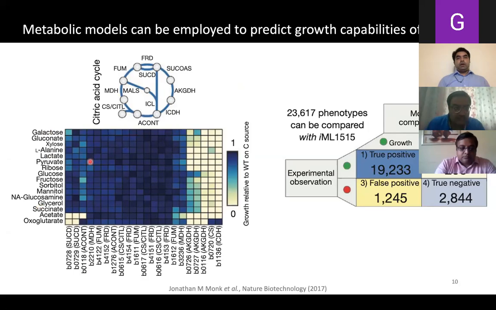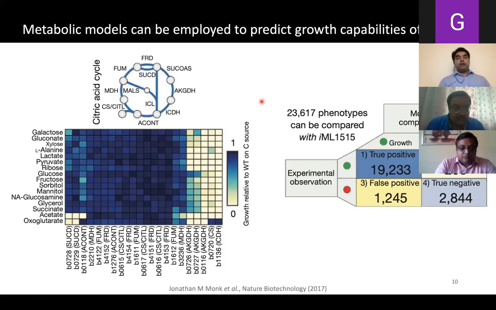The bluish color here represents positive growth of the mutant, and yellow represents that these mutants were either not growing or growing at a very slow rate, which means these genes are essential for growth of E. coli. Further, in this study, these predictions were compared with experimental data, and more than 90% of these predictions were found in agreement with experimental measurements.